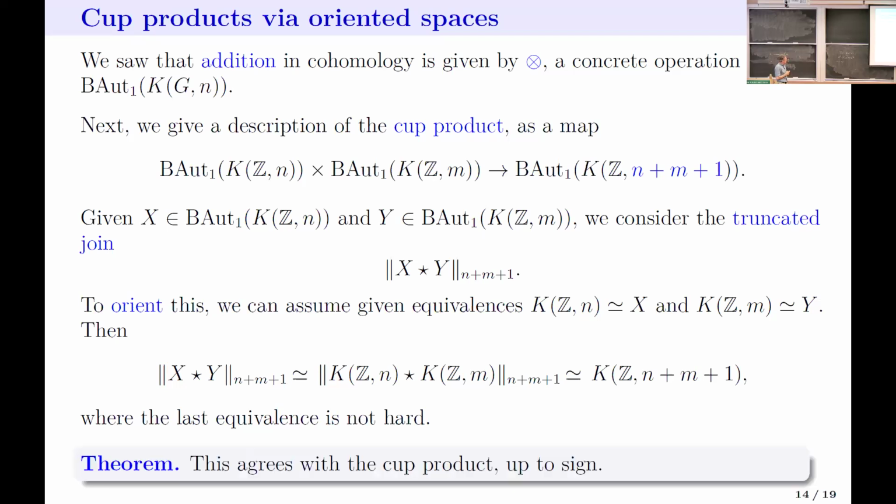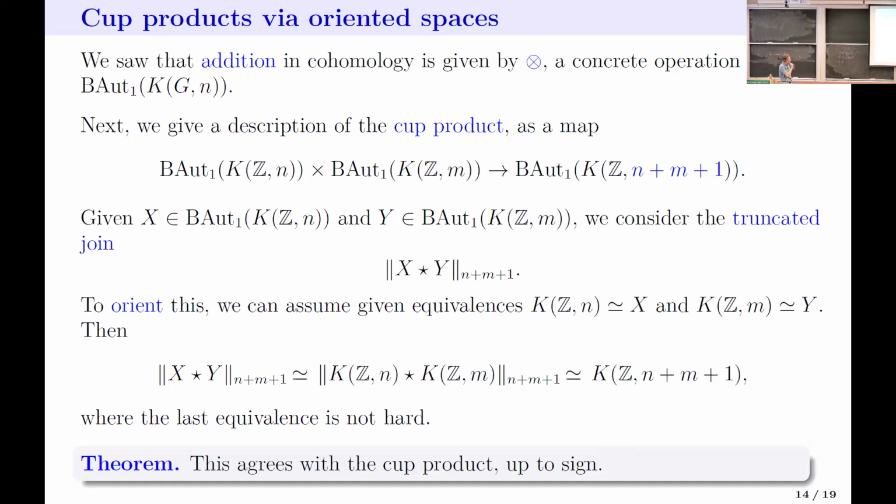Okay, and then the theorem is that this operation does give you the cup product, at least up to a sign. Now the argument here is quite annoying. It's quite challenging, and we're hoping to pin down the sign, but we're down to one diagram where we can't quite tell if it commutes or it commutes up to a reflection. Either way, if it turns out there's a minus sign, then we can put a dual in one spot here and make it work.